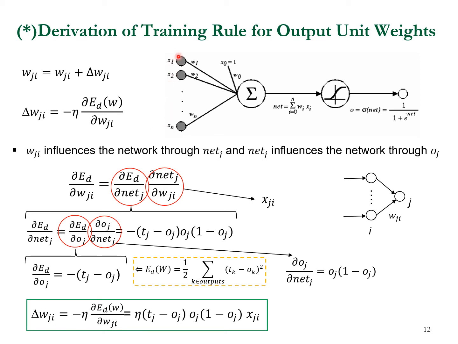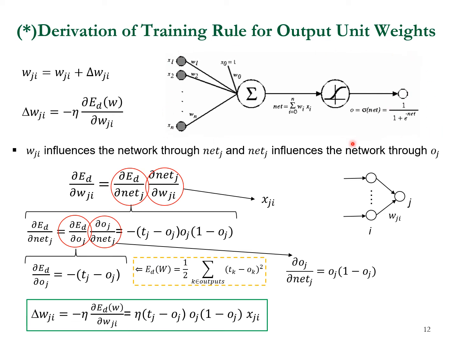We have inputs and weight values, and the summation of this multiplication is called net. This is the summation of input times weight values. This net is then used in the sigmoid function, and the sigmoid output is the output of the node. So that's the structure of one single node.